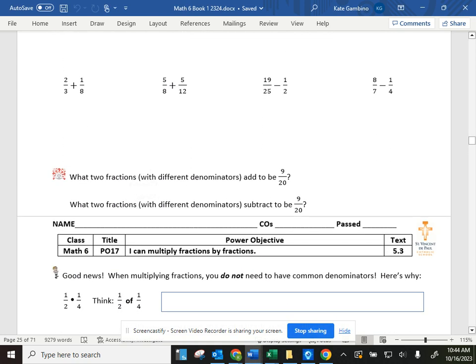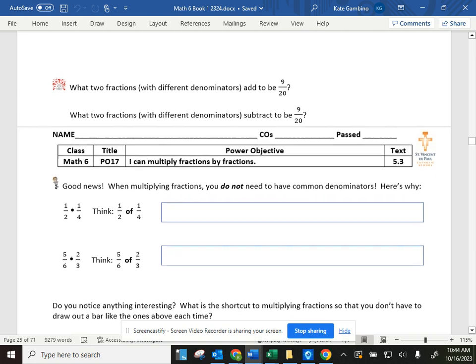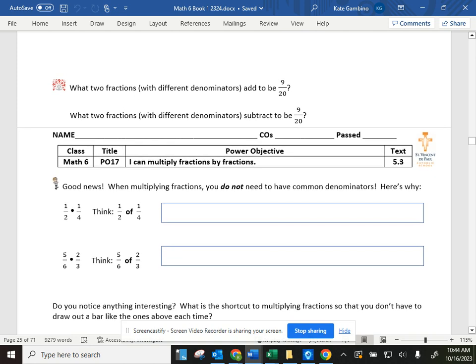And we need to understand what it means. When it says what two fractions with different denominators add to be 9/20ths? Who can come up with two fractions that if we add together will be 9/20ths and we don't start with a 20th as a denominator? So I want us all to really think about that one.